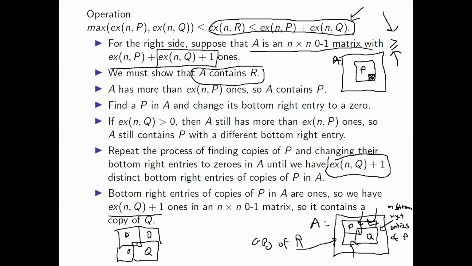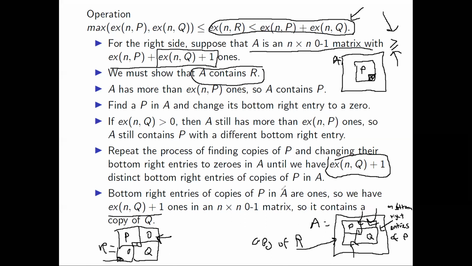So zeros out here, P and Q there, that was our R. So whatever is in these bottom left or top right corners, it doesn't matter what the entries are because they can be turned to zeros. And those are the entries in the bottom left and top right of R. So we have a copy of R in A.